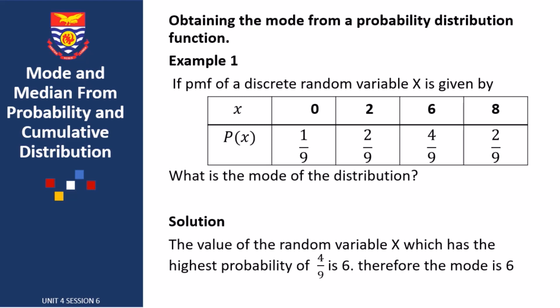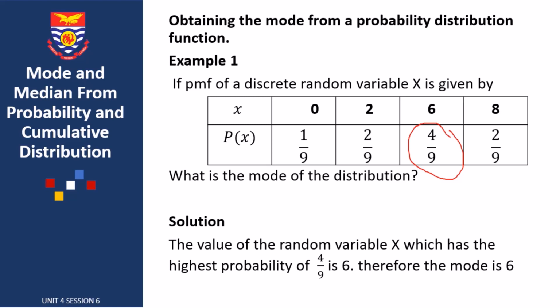So in simple language, solution: the value of the random variable x which has the highest probability. Remember, 4/9 is not the mode. The random variable x which has the highest probability, that is the mode. You get it?